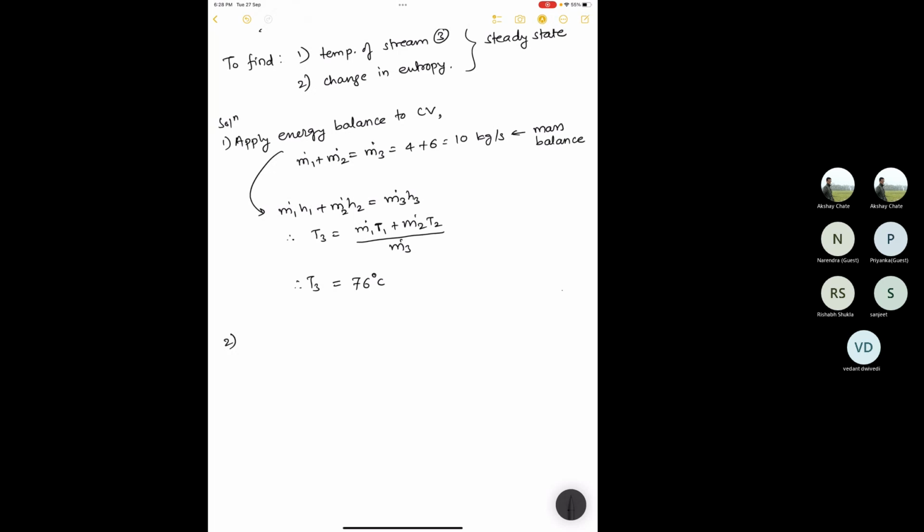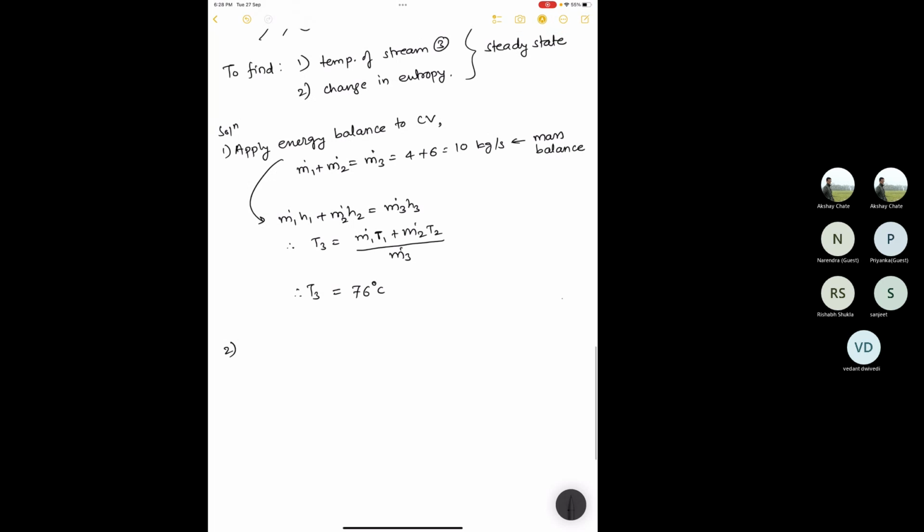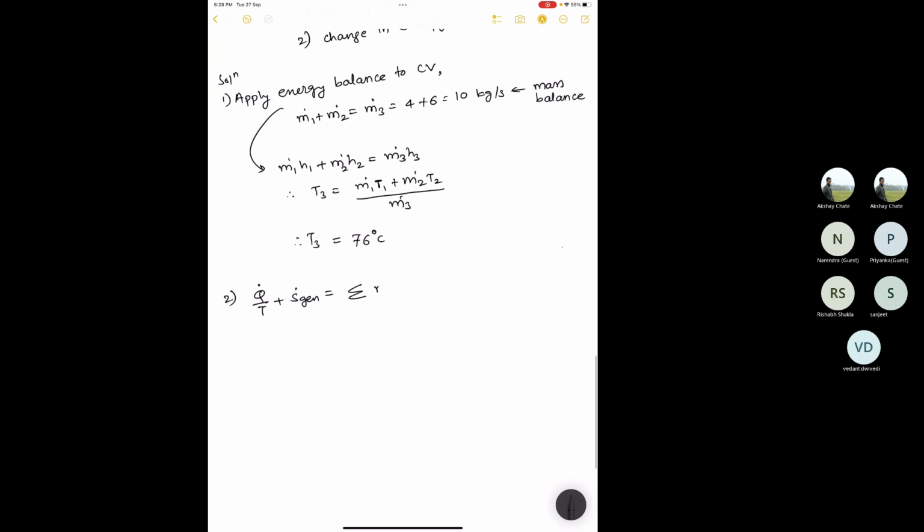So basically, there is no Q, but still I'll write Q dot by T plus S dot gen equal to summation m dot e s e minus m dot i s i. This is your general typical equation, right? There is a summation sign also, but here that term will go to 0 because it's an adiabatic control volume.